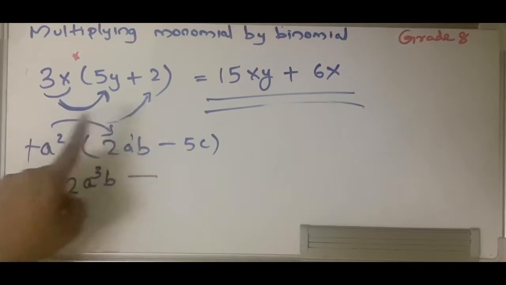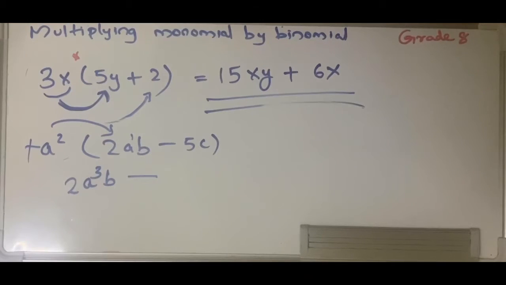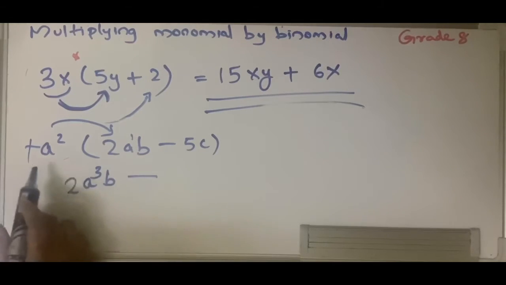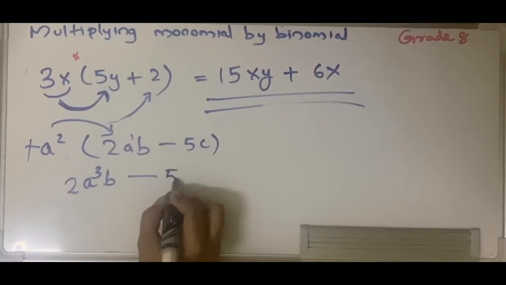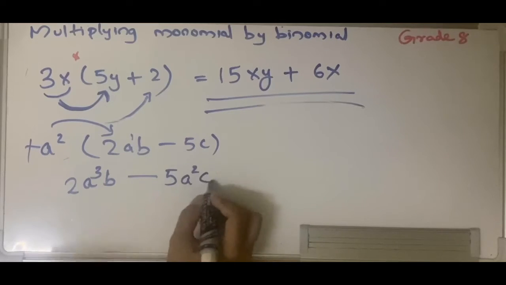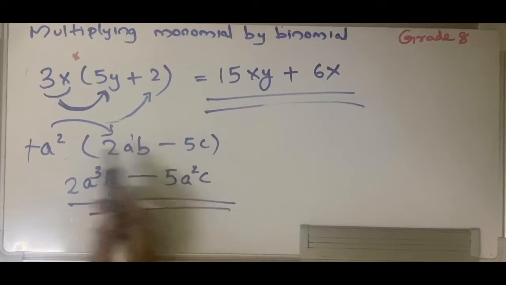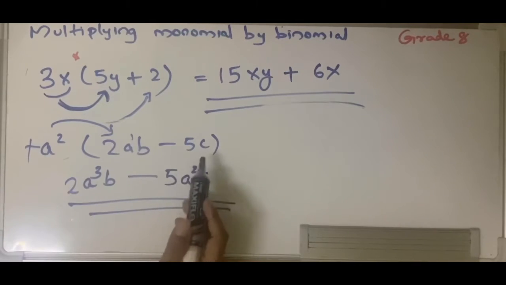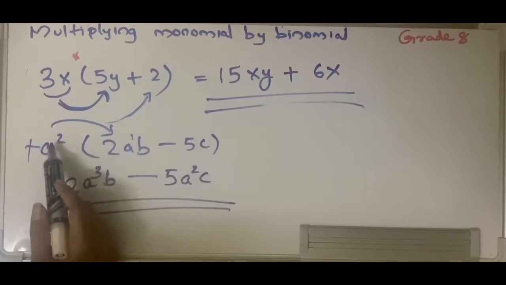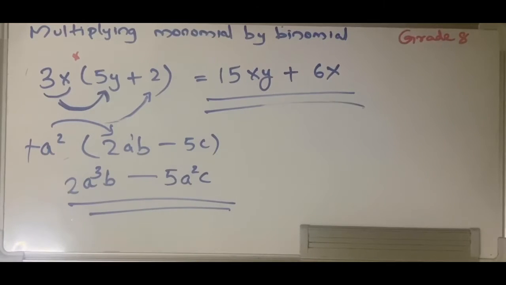So when you are multiplying this with minus 5c, you are having only one negative. So an odd number of negatives means your answer should also have a negative sign, and a square times 5c would be simply 5a square c, because you don't have any other numbers to multiply, and a you don't have in both the cases. So you're just going to write the variable as such. Understood?